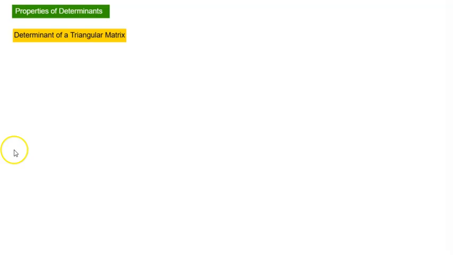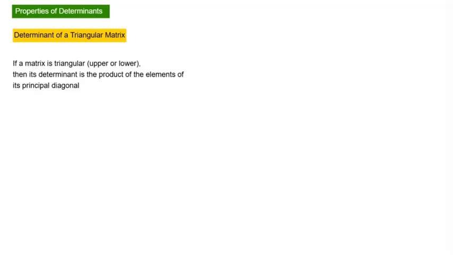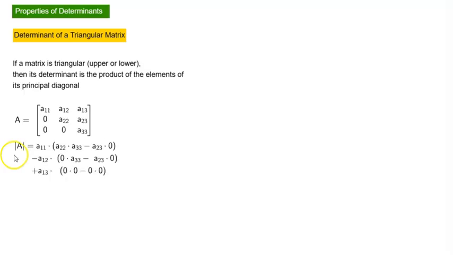Let's look at the determinant of a triangular matrix. If a matrix is triangular, that is upper or lower, then its determinant is the product of the elements of its principal diagonal. So let's see. This is an upper triangular matrix.